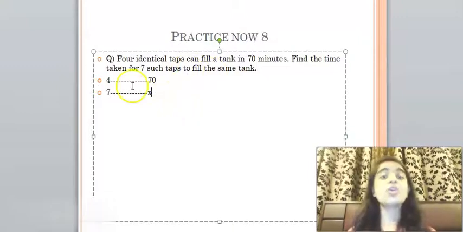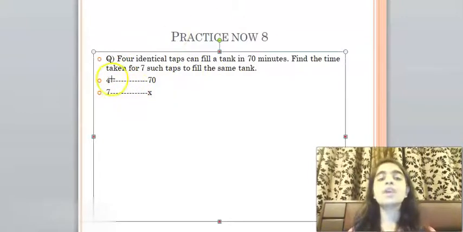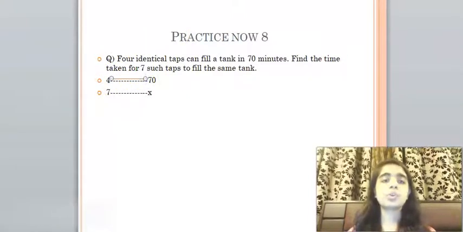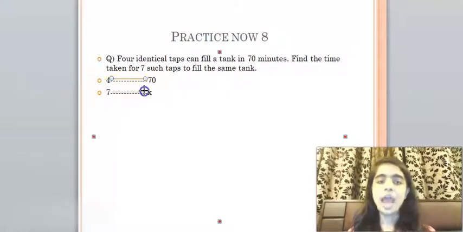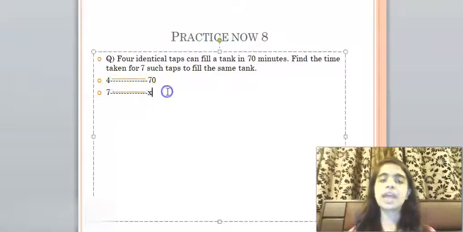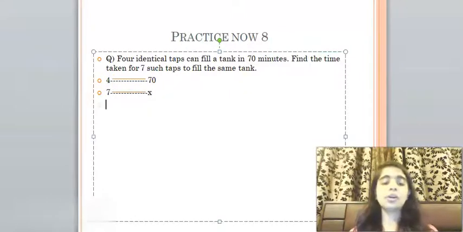Yes, we used to cross multiply. But over here, we will straight multiply. So we will multiply 4 with 70 and we will multiply 7 with x. So 4 multiplied by 70 is equal to 7x.